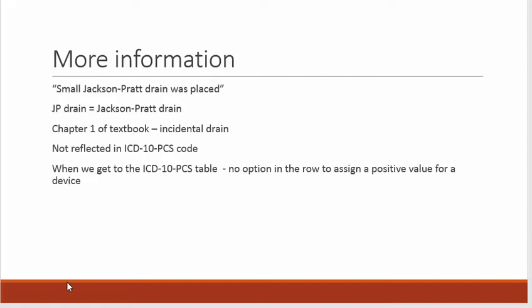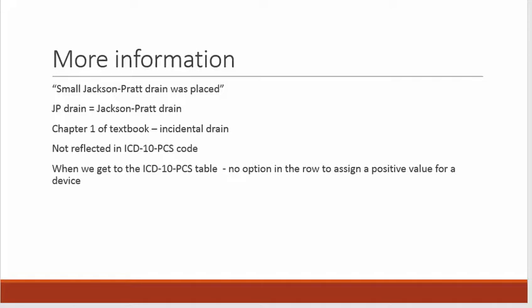It also then goes on to state that a small Jackson-Pratt drain was placed. Another way to document that is a JP drain. We also have to remember back in chapter 1 of the textbook, it stated that incidental drains are not reflected. So in this case, there was a device left in the patient.